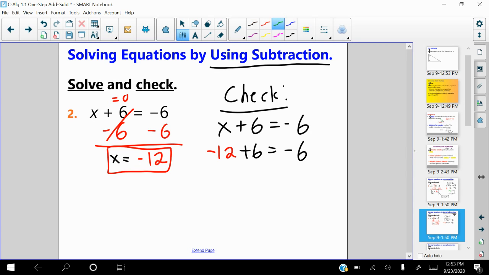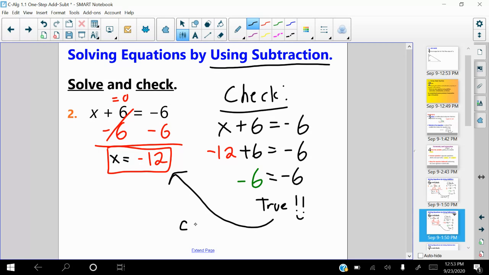And now we're going to simplify. Negative 12 plus 6 ends up with negative 6. The right-hand side is already simplified, so we end up with negative 6 is equal to negative 6. This is true, which means that this answer of negative 12 is correct.